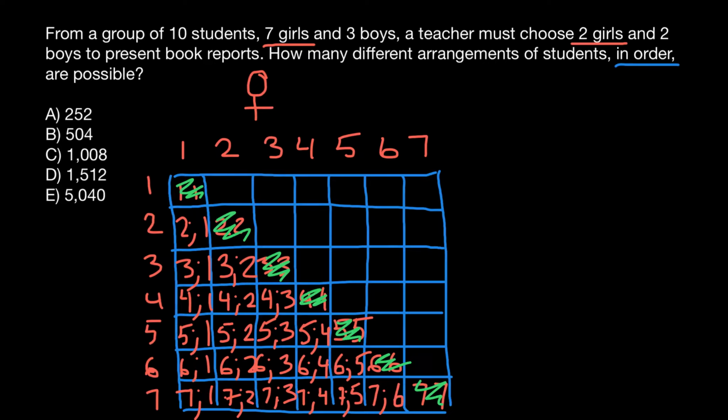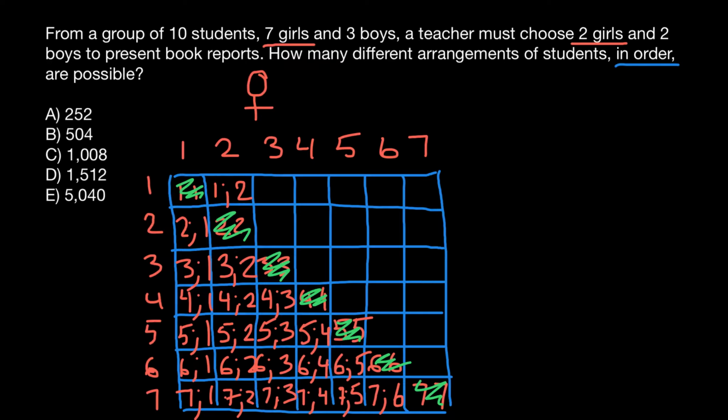And again, here we are going to get the same combinations, just in different order. Let me show a couple. For example, in this cell we are going to get 1 and 2. And we already have a combination of girl 2 and 1, and 1 and 2 would be here.